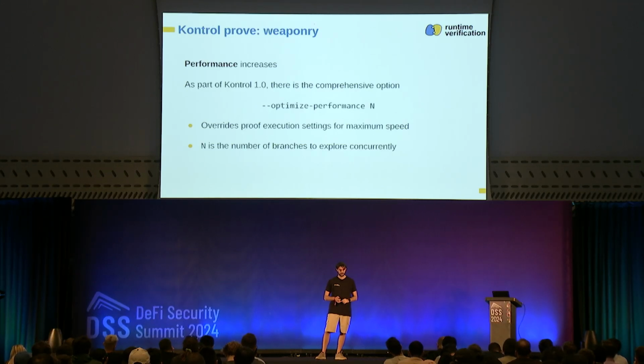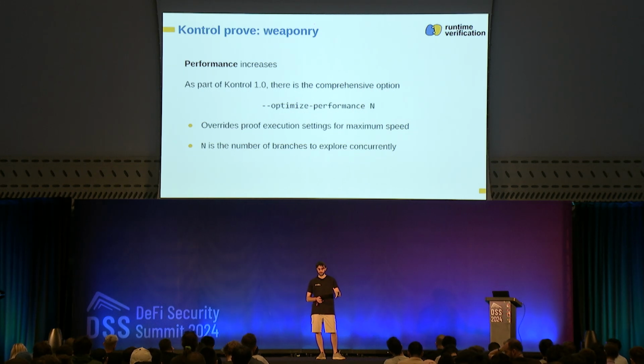It will also do parallel branch exploration, where you can set how many branches you want to explore concurrently. Again, this depends on the hardware that you're running this with, so keep that in mind.